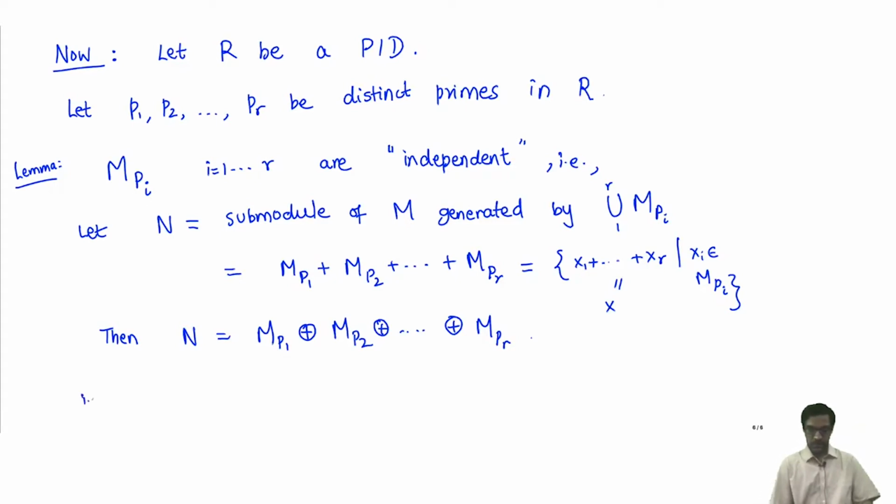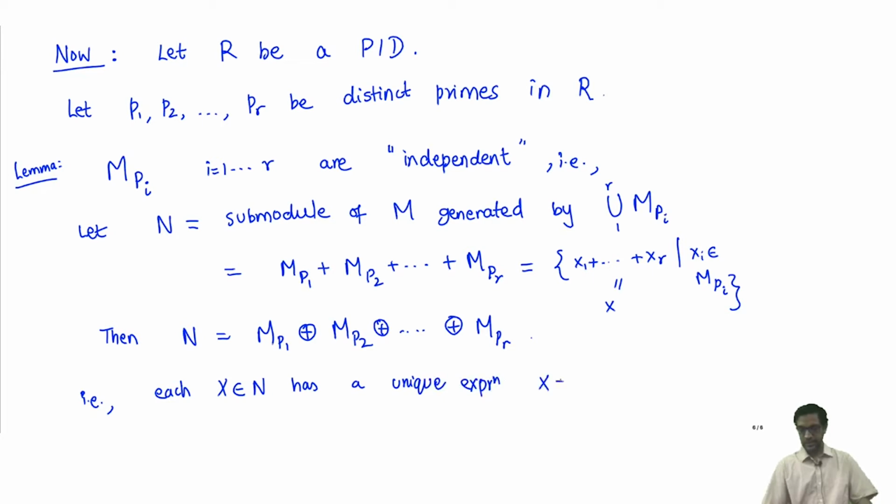So all this is really unraveling the definition of independence. I.e., each x in N has a unique expression as a sum x1 plus x2 plus xr with each xi coming from the appropriate submodule for all i.